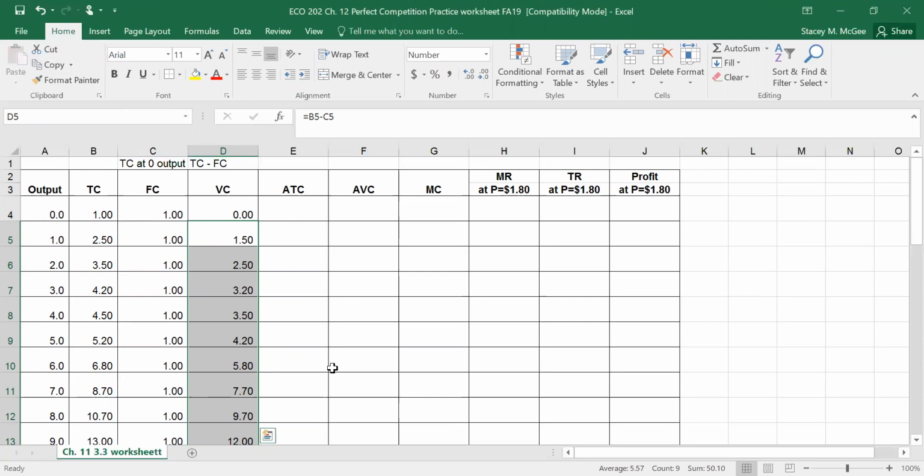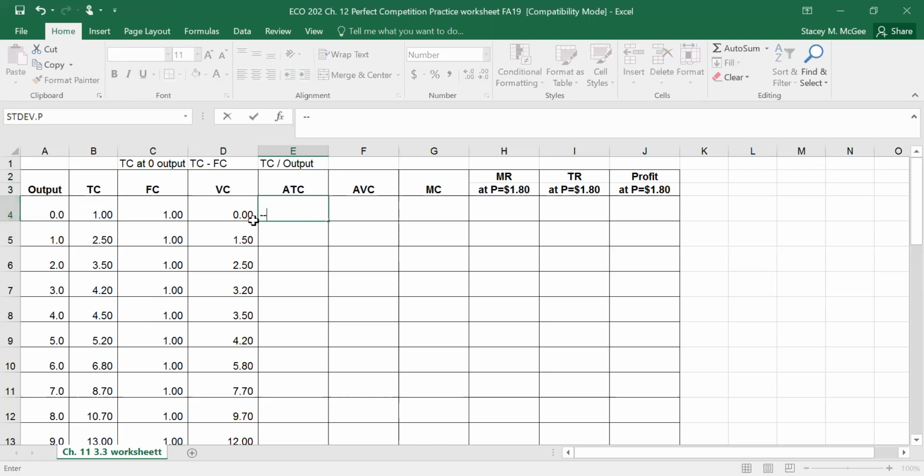That gives me my variable cost. Now we want average total cost here, sorry, which is just going to be total cost divided by the output, the quantity. And so I can take the total cost, which is right here, divided by the output. Well, you can't divide by 0, so we won't put anything for that one.